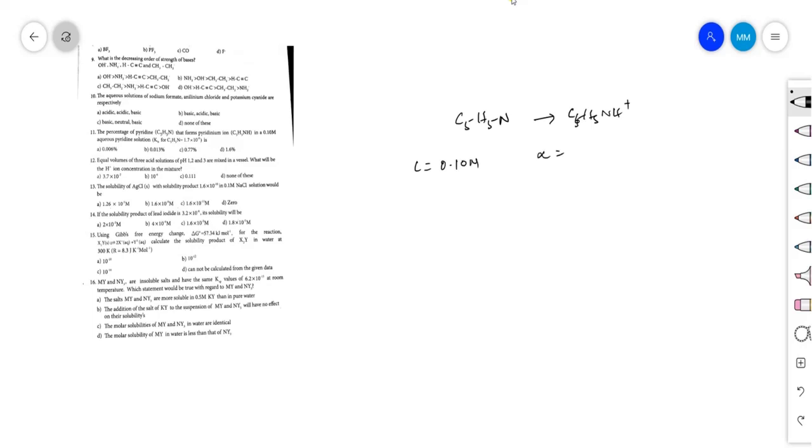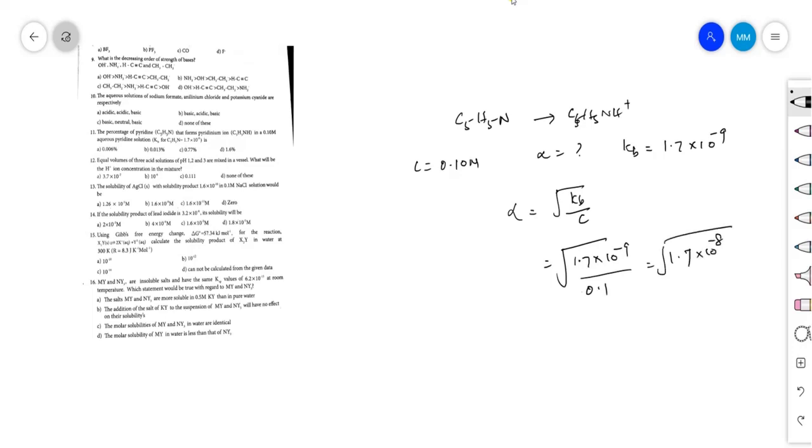What is the dissociation? Kb is given. It is 1.7 times 10 to the power of minus 9. The formula to find the degree of dissociation is root of Kb by C. Kb is 1.7 times 10 to the power of minus 9 and the concentration is 0.1. This is equal to 1.7 times 10 to the power of minus 8.